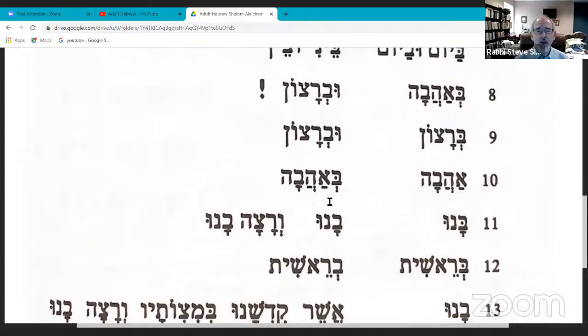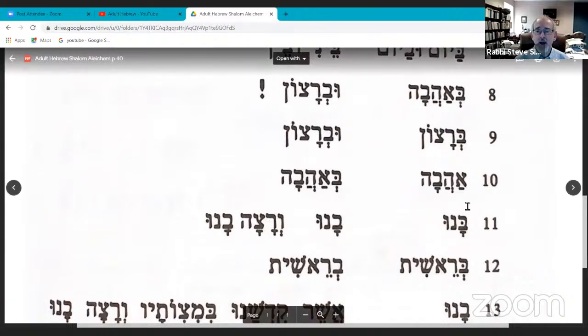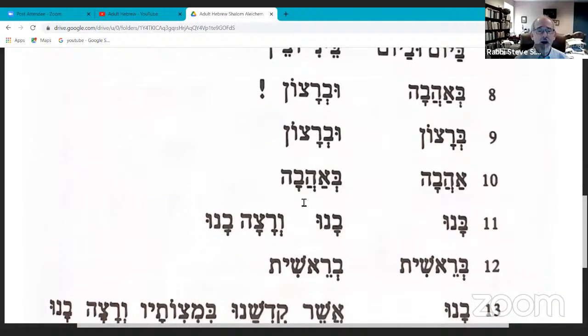Ahava Be'ahava. Ahava is the Hebrew word for love. Ahava means love. It's a noun. Be'ahava means with love. So if you were writing a letter to somebody and wanted to sign it with love, you would sign it be'ahava.